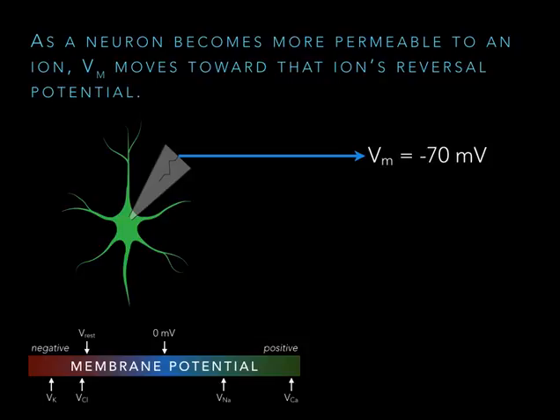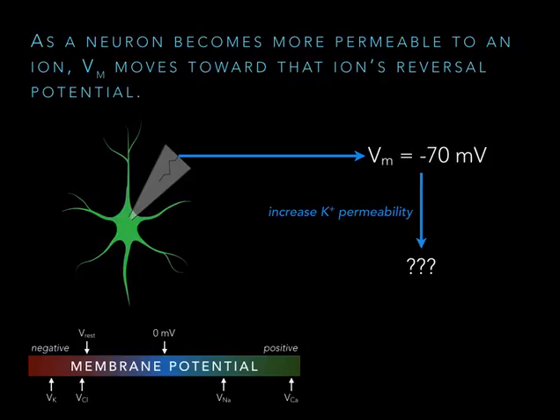So if we're resting at negative 70, let's say that we increase our potassium permeability. So if we open up more potassium channels, what's that going to do to the membrane potential? We should know this, because we know that the reversal potential for potassium is somewhere around minus 102 millivolts, and it's plotted down there on the bottom.